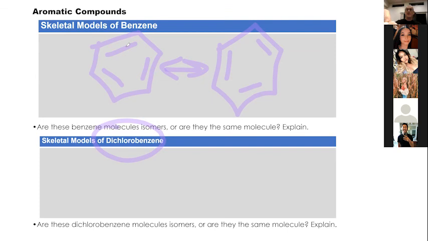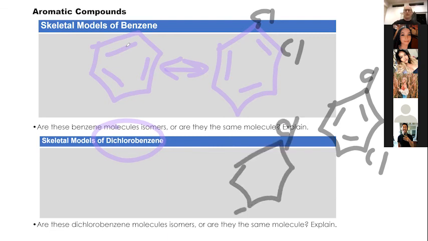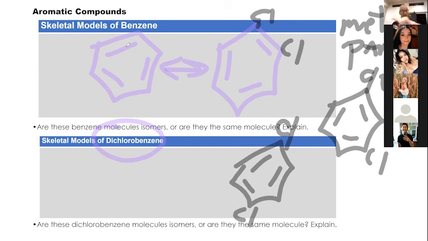We can put a chlorine here and a chlorine there. Or we can put a chlorine here and a chlorine there. And then the final one, a chlorine here and a chlorine there. And we call them different forms: one is ortho, one is meta, and the other one is para, depending on where the chlorines are.